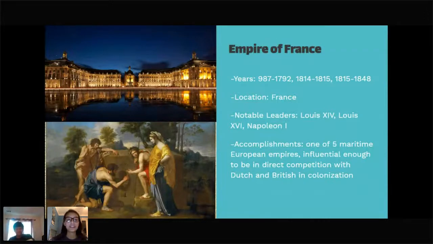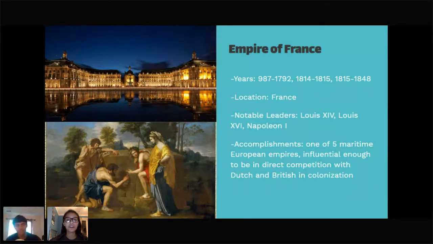And this was because of different revolutions, just different changes politically. So from 987 to 1792, that was because of Charlemagne earlier. And then we have this time period in between, and then we go back to 1814 to 1815, and it was just like 1 year it was back together, and then it fell again, and then we have 1815 to 1848.